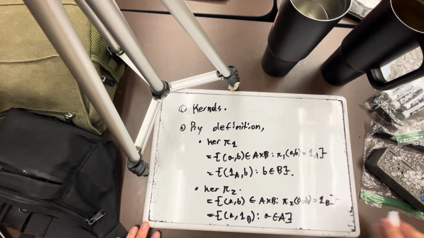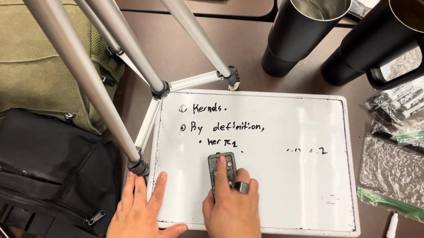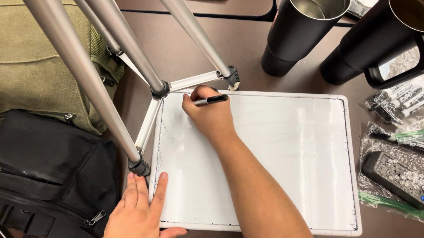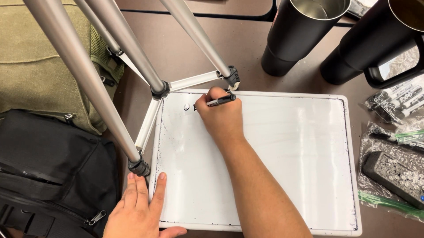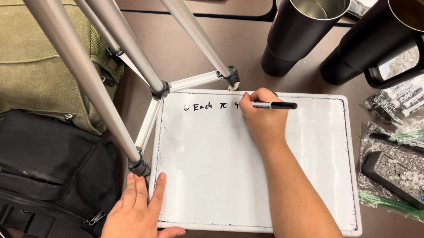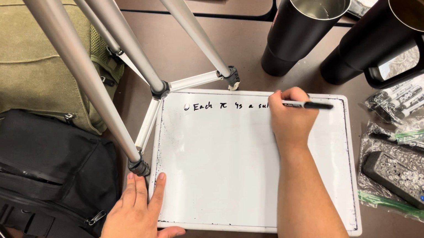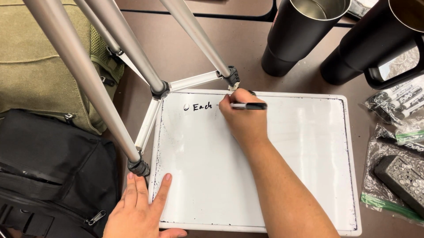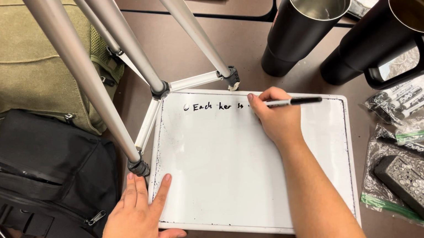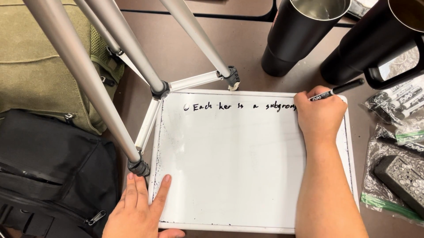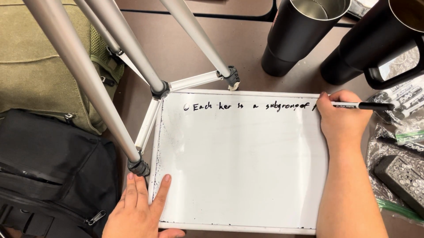So, can we then say each kernel is a subgroup of A cross B?